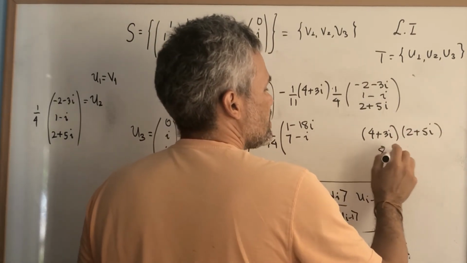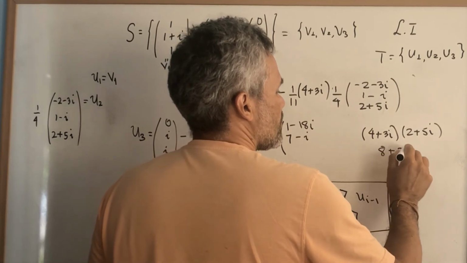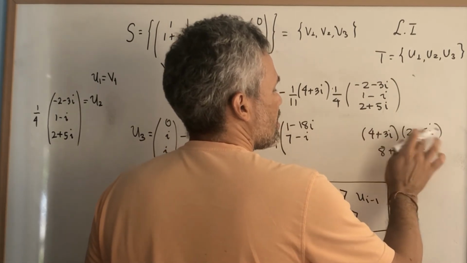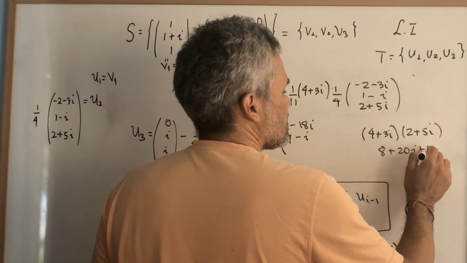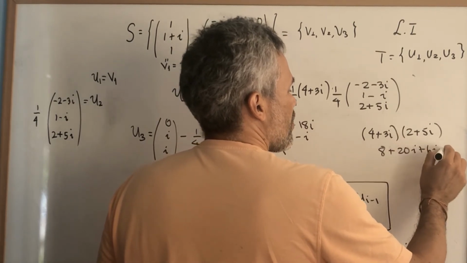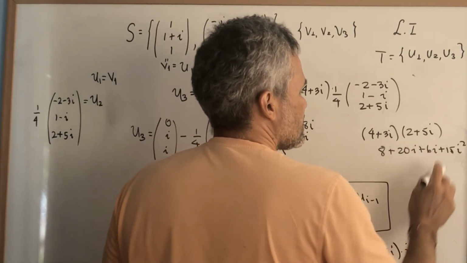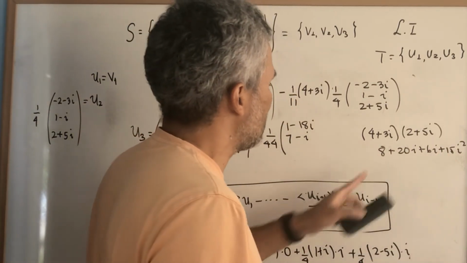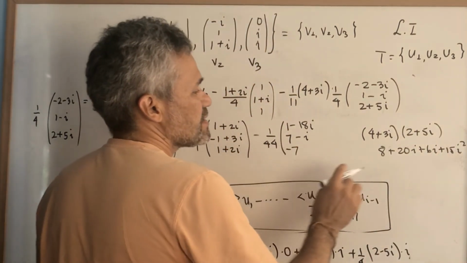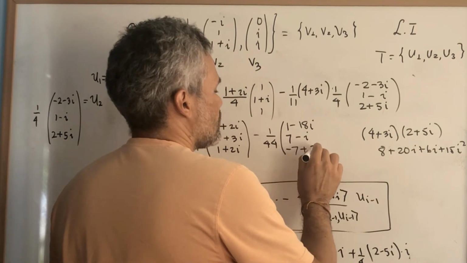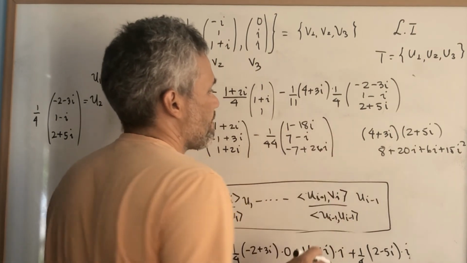This is 8 plus 20i plus 6i plus 15i squared. This is -15 plus 8 is -7 plus 26i.